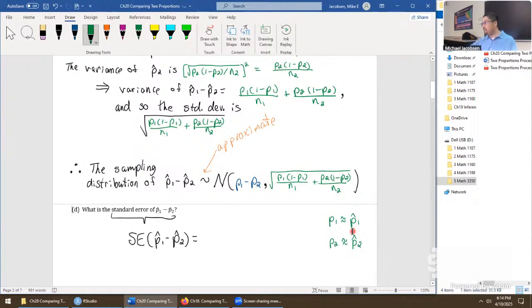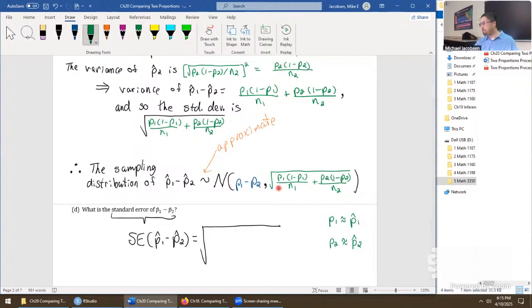To get that margin of error, we go over here, call this a standard error, and it becomes square root of, in place of all the P1s and P2s you see right there, just replace them with the appropriate approximate statistic.